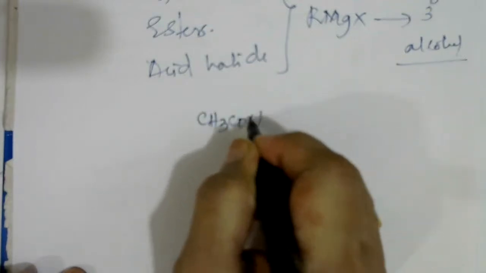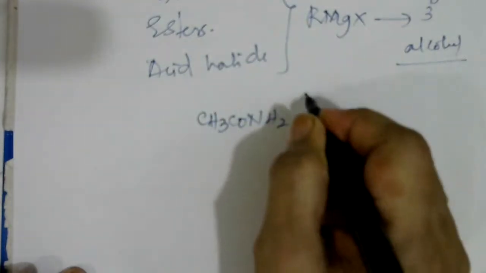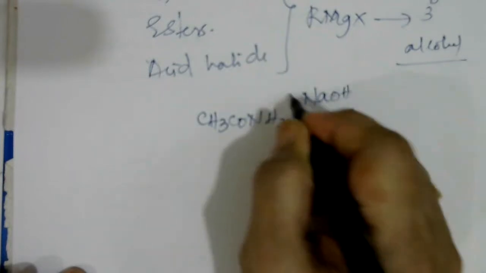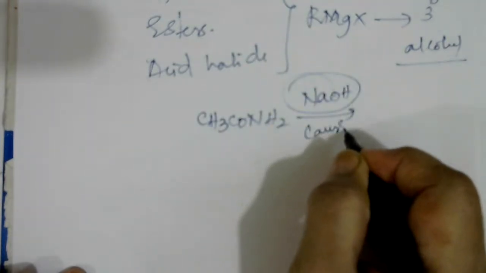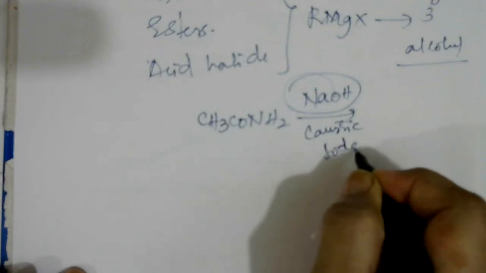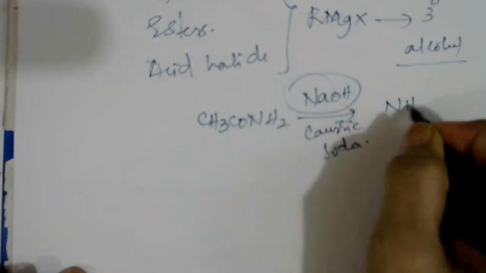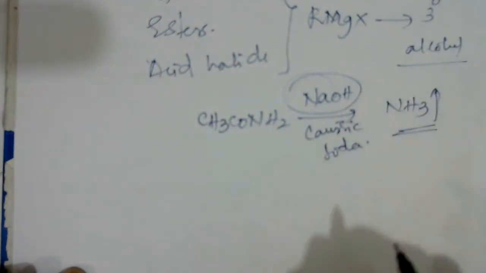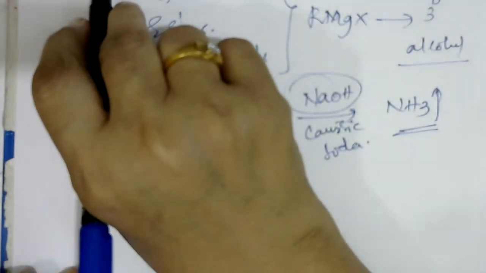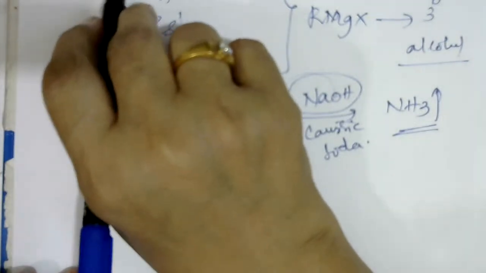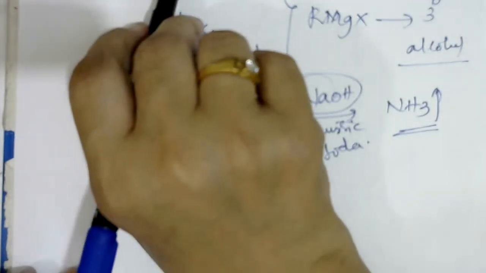When acetamide is heated with caustic soda, they are going to liberate what, children? Ammonia. So remember here, whenever we add this, they are going to liberate ammonia. But that reaction is not possible in the case of ethylamine, because ethylamine is already basic in nature.